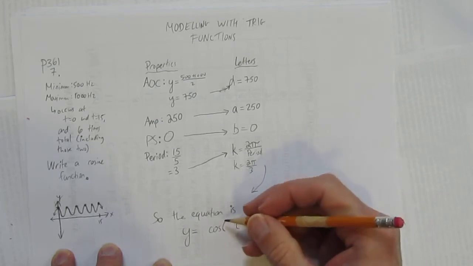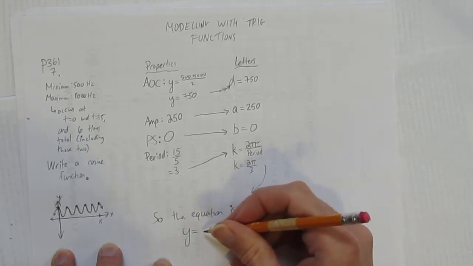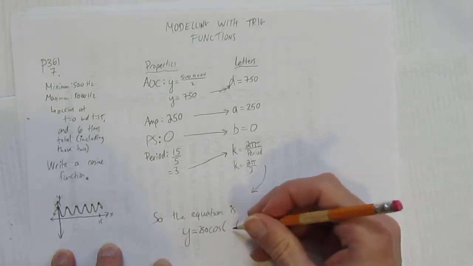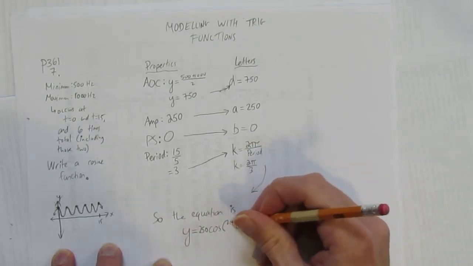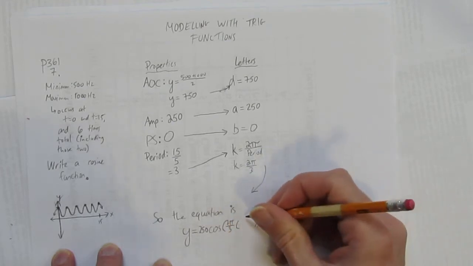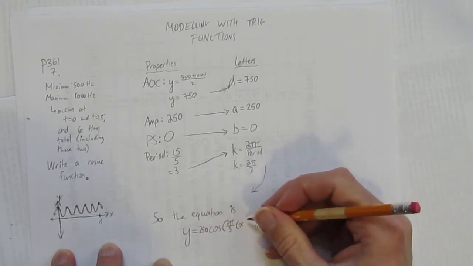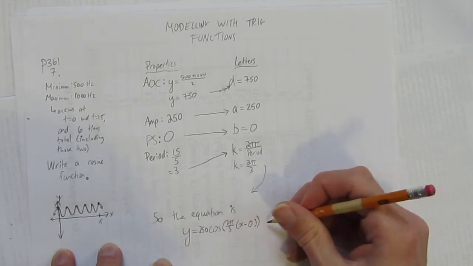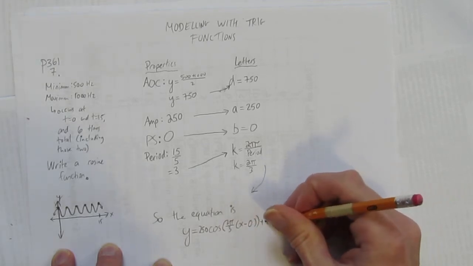So this is the cosine of, what's the a? 250 in front. What's the k value? 2 pi over 3. What goes in the brackets? X, the variable, take away whatever the b value is, plus the d value.